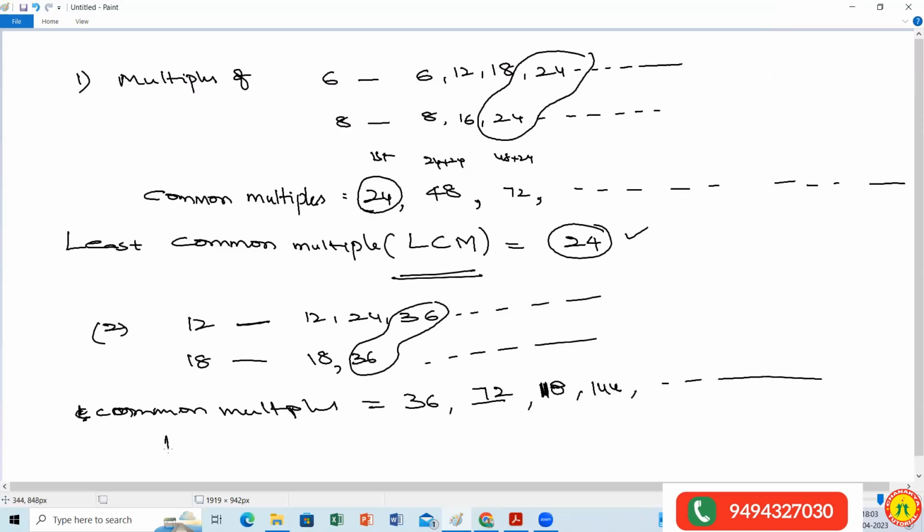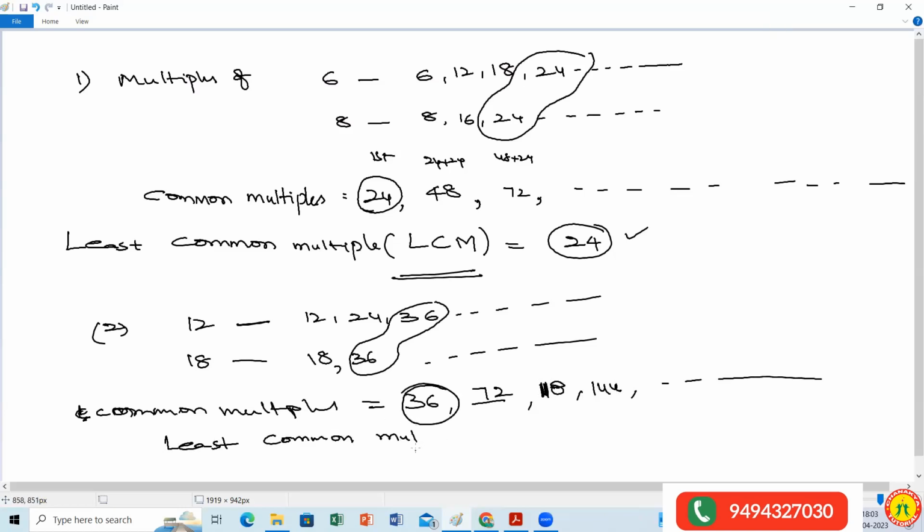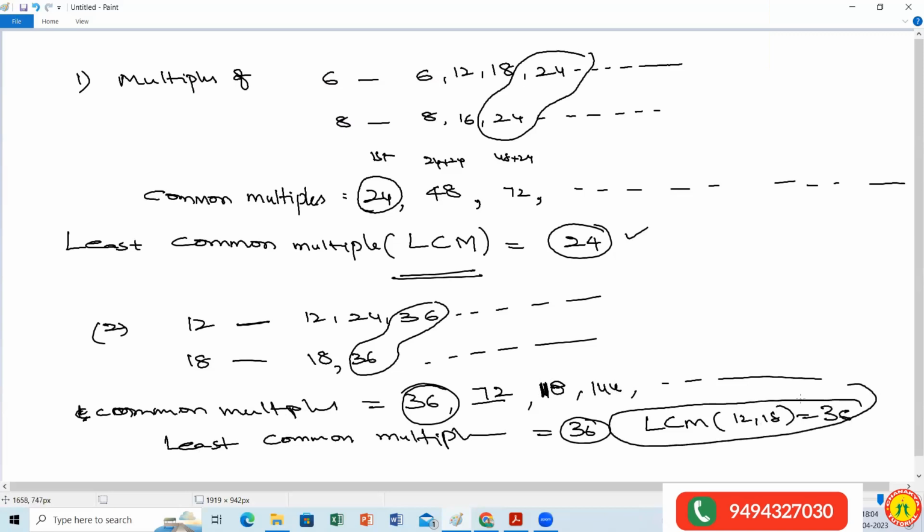Now, what is the least one among these? 36. The least one is 36. So the LCM of 12 and 18 is 36. Hope you understood, children. Any doubt? No, ma'am.